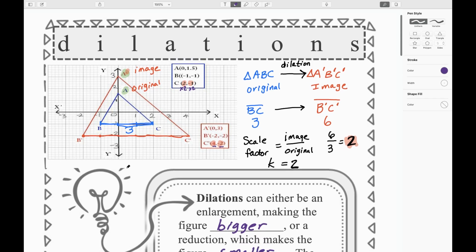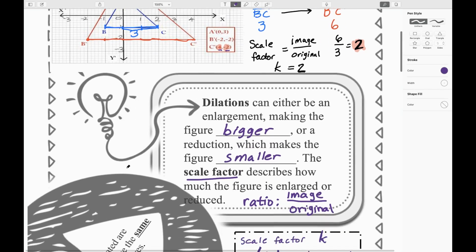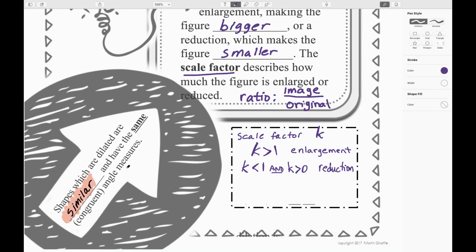So there's a way we can write that in a generic way. Okay, so if k equals 2, then I'm going to write down x, y. So here is an image point. We'll call this A. So if the point A is (x, y), then the point A prime will be (kx, ky).